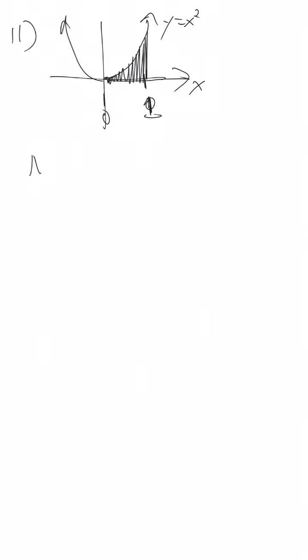Now part A says find the volume of the solid formed by revolving R about the x-axis. So we could take R and revolve it around the x-axis. Okay, revolving around the x-axis, everything's going to be in what? X dx. And you should be able to make your cuts in x. And if you make your cuts in x, it should be the disk that you're creating right there.